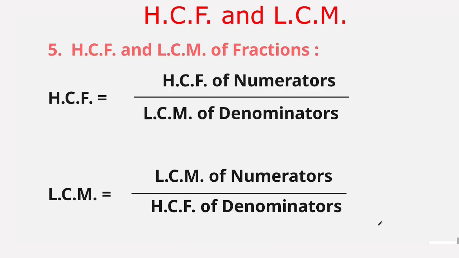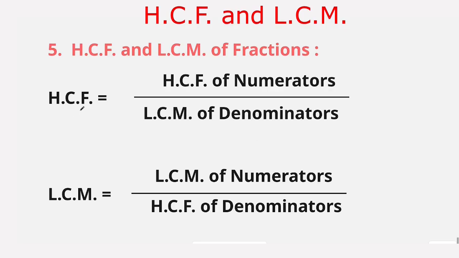The easy trick to memorize these two formulas: when we have to find the HCF, the numerator of the formula is the HCF of the numerators. When it is LCM, the numerator is the LCM of the numerators. In both cases, the numerator is numerator and denominator is denominator.